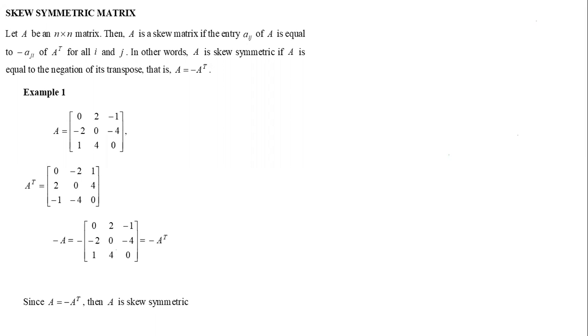But if I multiply A transpose by minus 1, then it is equal to A. Then I see that A is equal to minus A transpose, which is what we call skew symmetry.